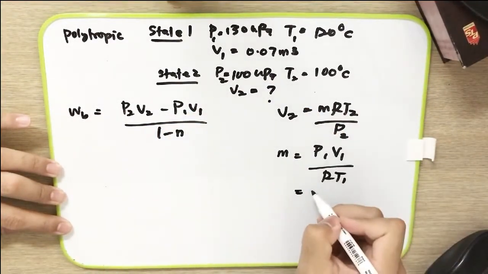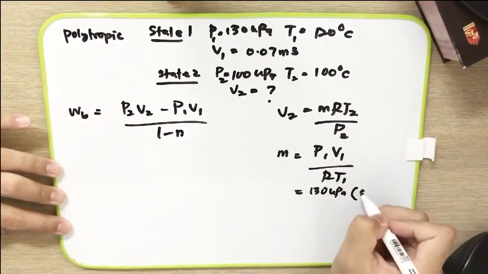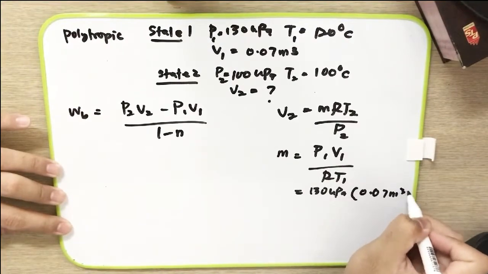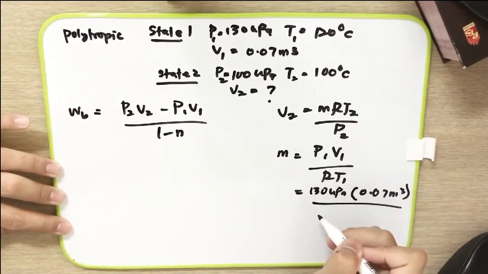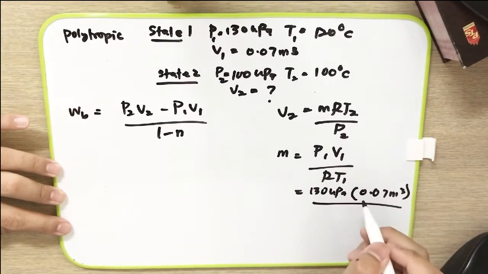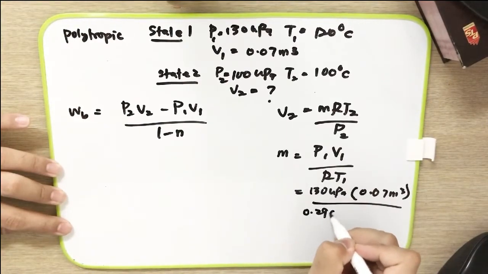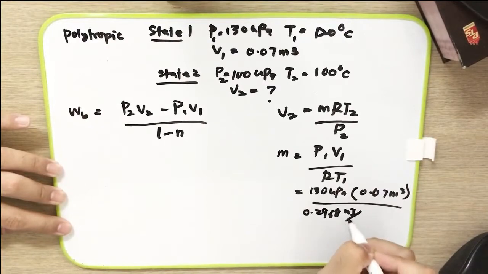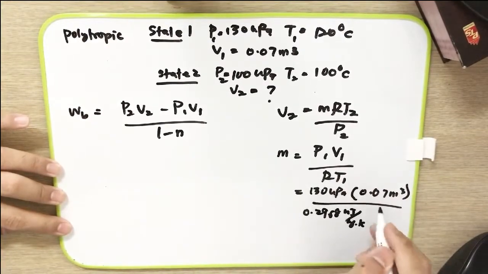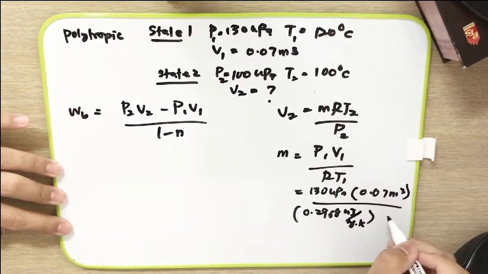P1 is 130 kilopascal, V1 is 0.07 meter cube, over R. Because this is nitrogen gas, we take R for nitrogen gas, which is 0.2968 kilojoule per kg Kelvin, which we can get from table A1, and T1 in Kelvin is 393 Kelvin.